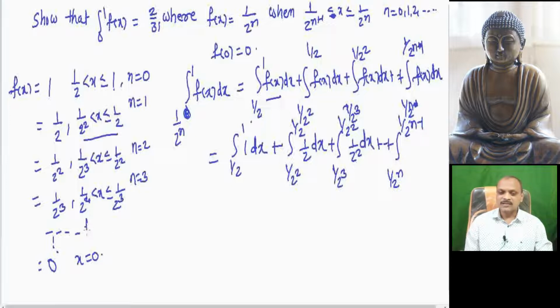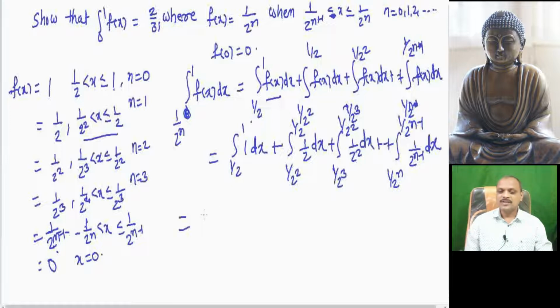Likewise here, on 1 divided by 2 raised to n less than x less than or equal to 1 divided by 2 raised to n minus 1, the value will be 1 divided by 2 raised to n minus 1, into dx.